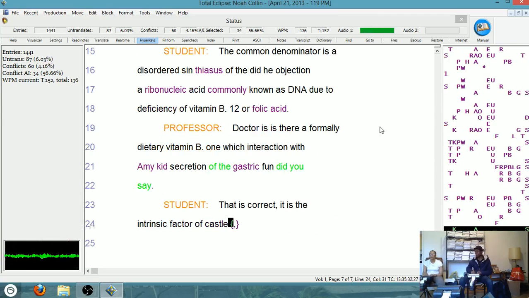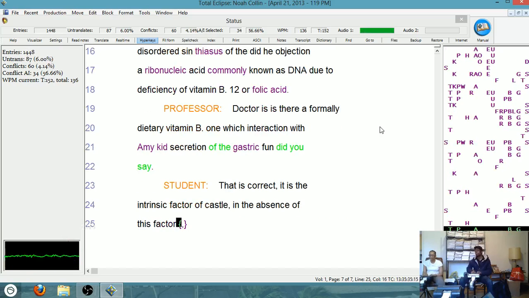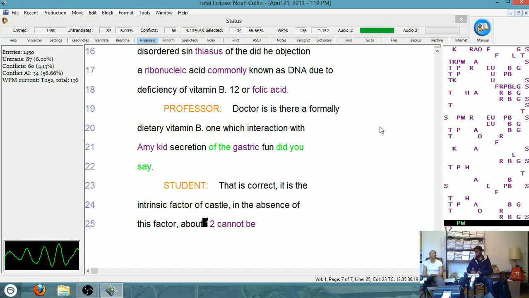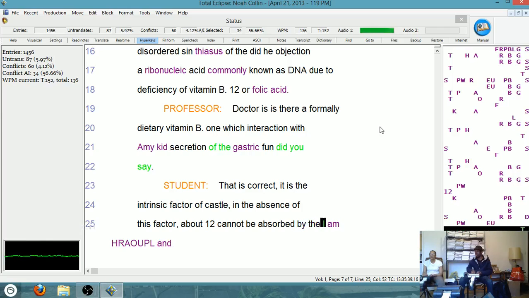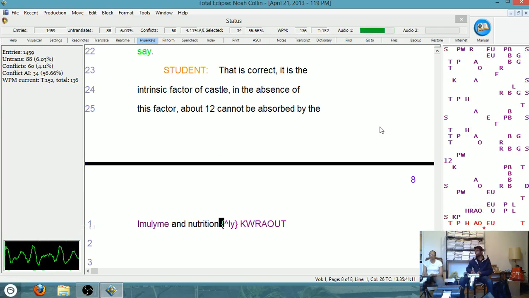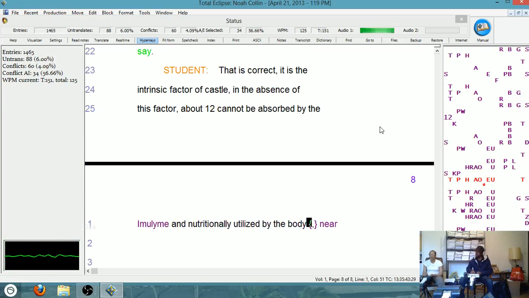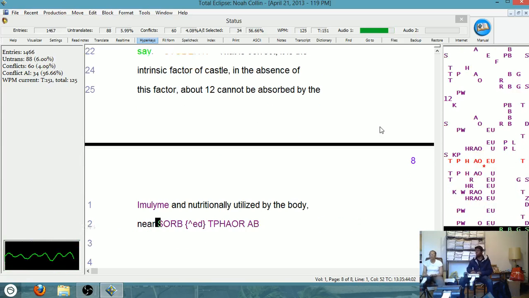In the absence of this factor, B12 cannot be absorbed by the ileum and nutritionally utilized by the body. Doctor, folic acid is B12?